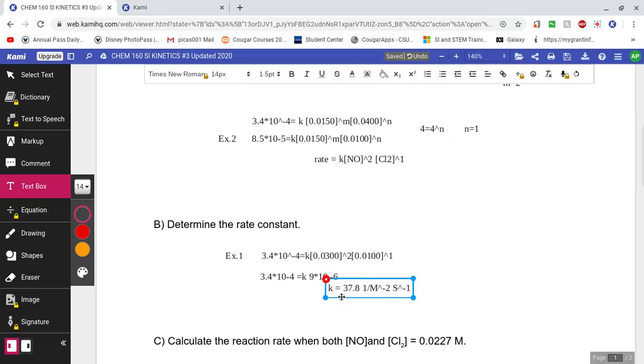Now, so we have a rate constant, we have a rate law.